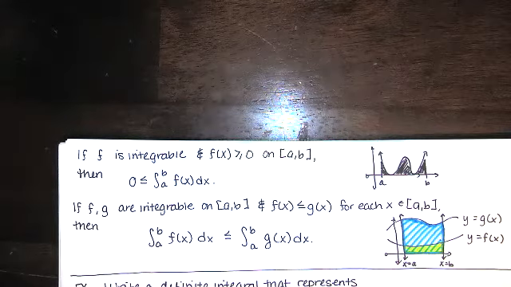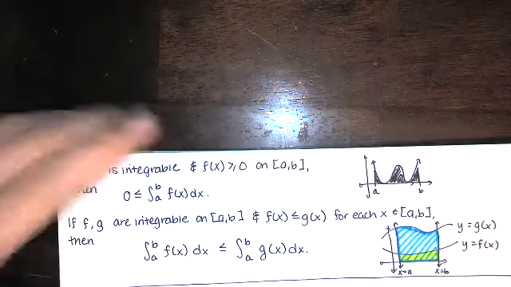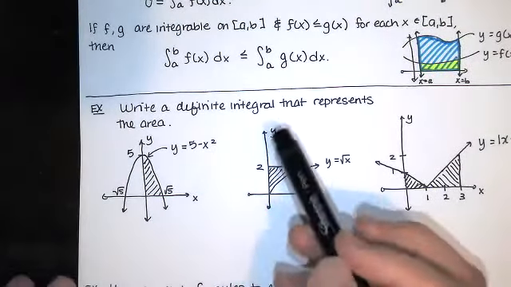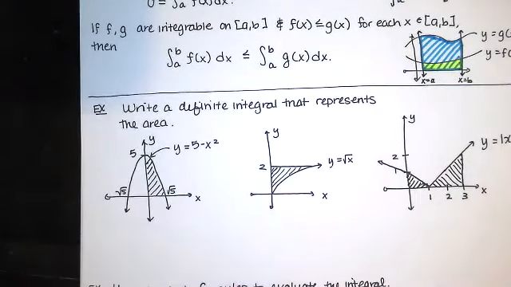Now, we want to remember that this definite integral represents area, and so we want to look at some pictures sometimes and write a definite integral that represents the area. Okay, so let's look at this first one. It says write a definite integral that represents this area.